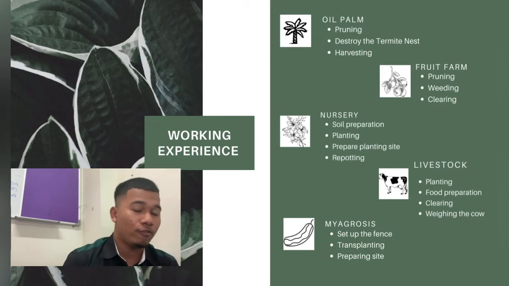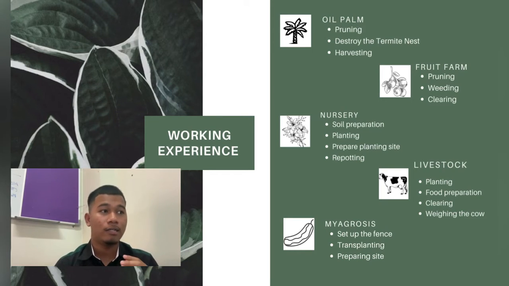Alright, at the fruit farm, the labor cost is 1,200 per month. We divide it by 26 days, as we are off 4 days per month. Per day we get 46 ringgit 15 cents.